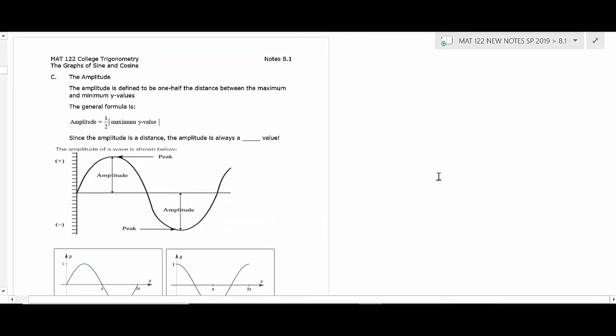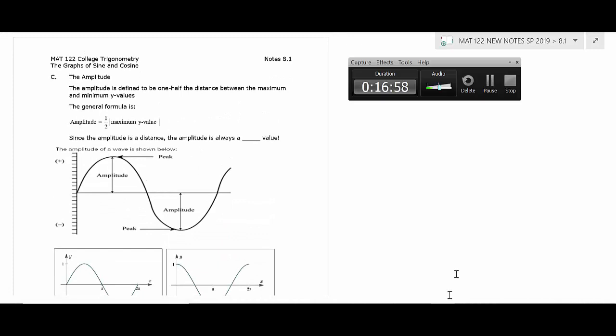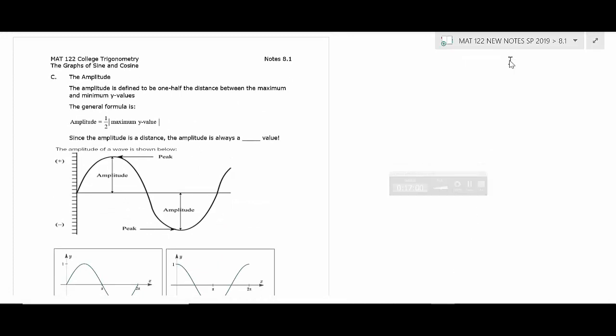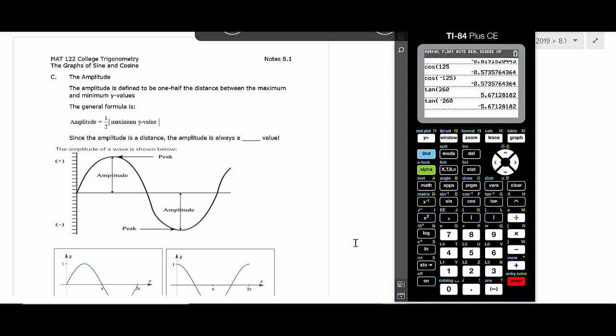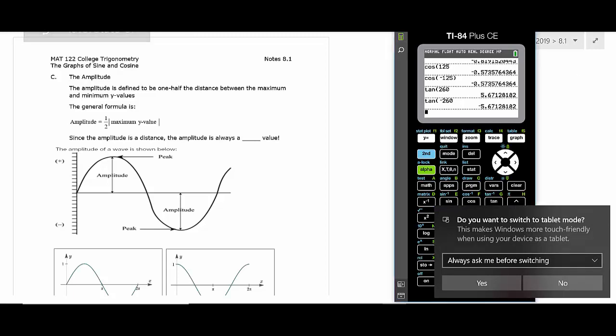So the next thing we're going to begin to talk about is what's meant by the amplitude. The amplitude of a function is defined to be half the distance between the max and the min. And we're going to talk about how that relates to a trigonometric function here, and crunch out some things with this.